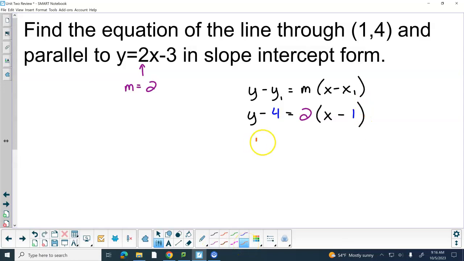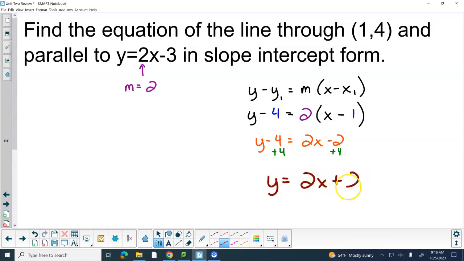So we have y minus 4 equals 2x minus 2. We would add 4 to both sides, and we would get y equals 2x plus 2, because that is slope-intercept form, y equals mx plus b. Agree?